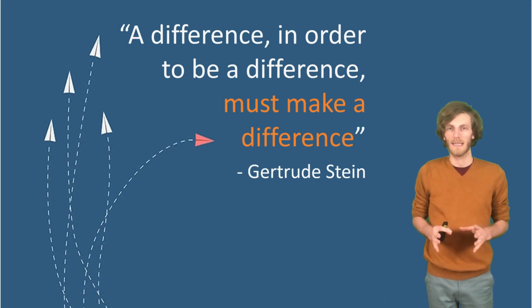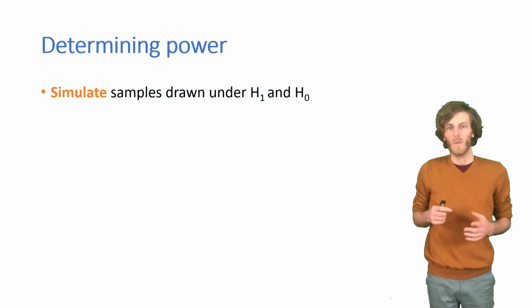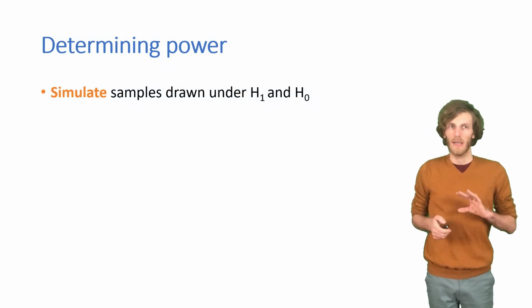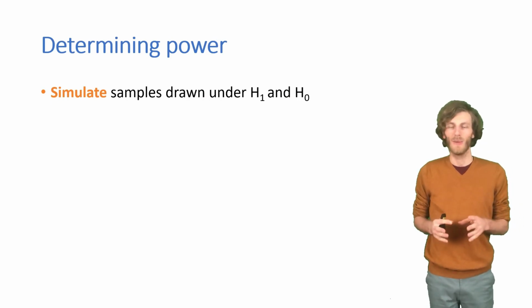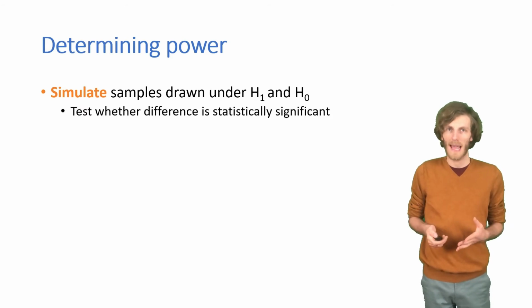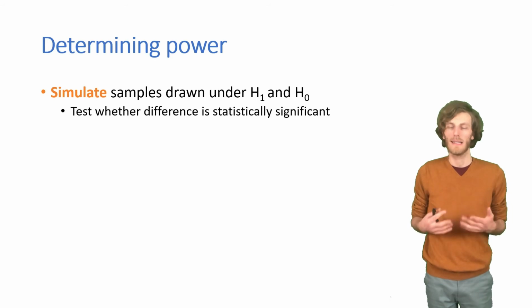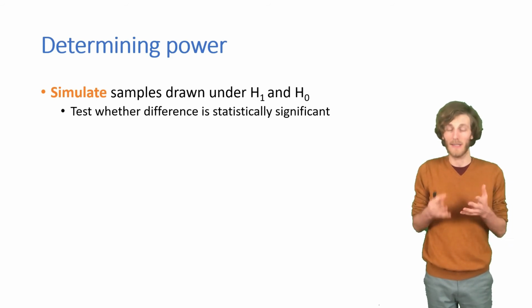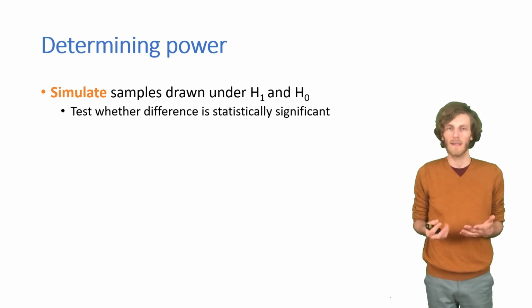But how do we actually determine power? So we talked about the factors that influence it, but how can we get this 80% number? One way to get to power from these parameters is to simulate lots of samples and then test whether the association that we expect is significant.